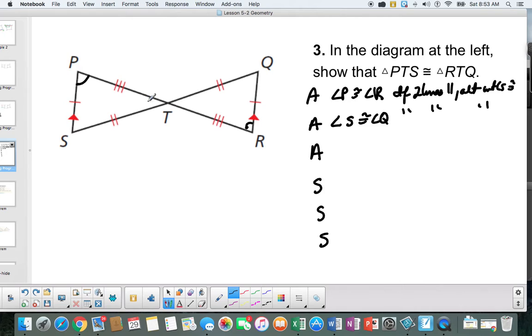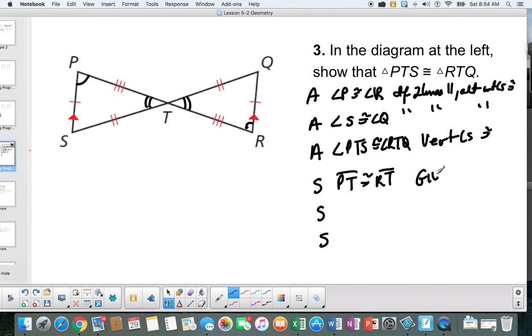Now angle T, but I can't call it angle T because there's lots of angle T's here, but I do want to show that this angle is congruent to this angle. So I'm going to have to use 3 letters, PTS congruent to angle RTQ, and that's because vertical angles are congruent. I need to show that PT is congruent to RT, and that's just by the given because the tick marks were given to us.